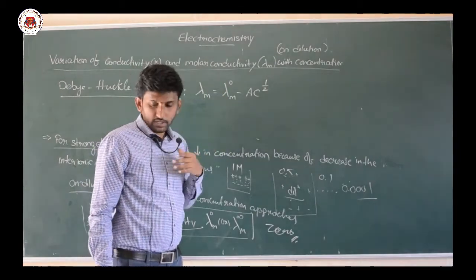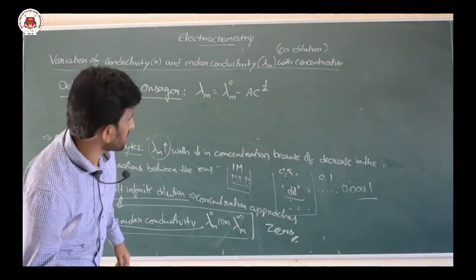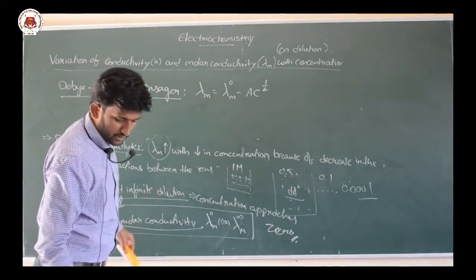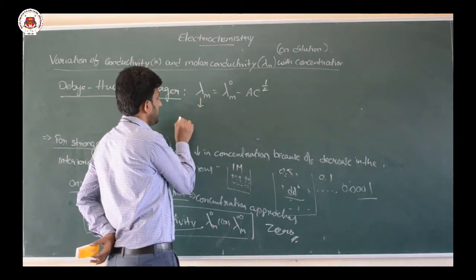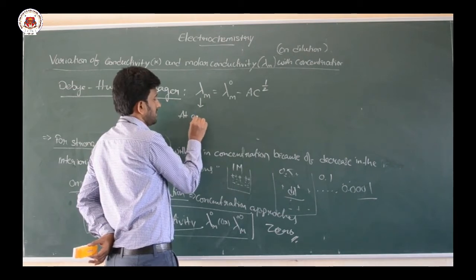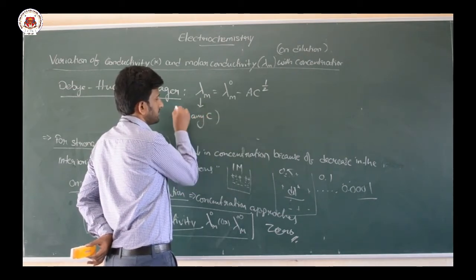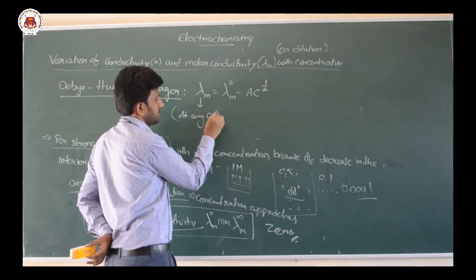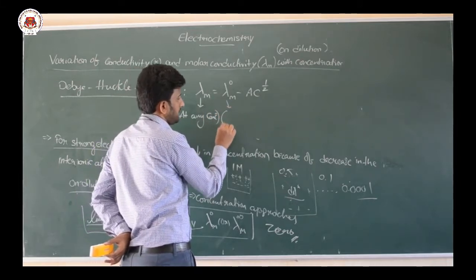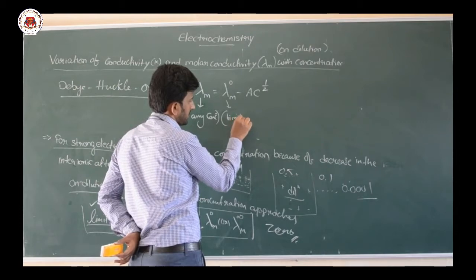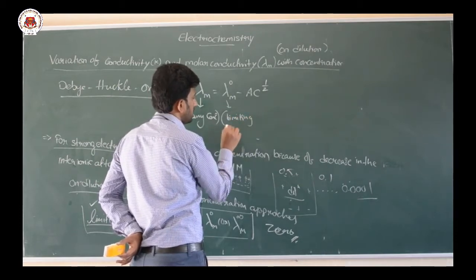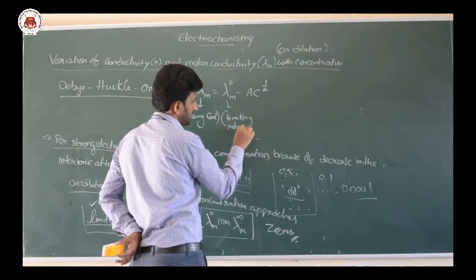Now, this is graphically represented like this for strong electrolytes. What is lambda m? Molar conductivity at a given concentration, at any concentration. Okay? What is lambda naught m? Limiting molar conductivity.